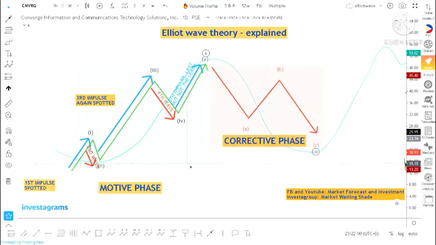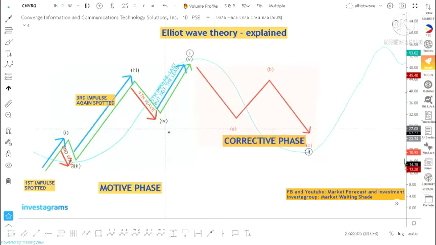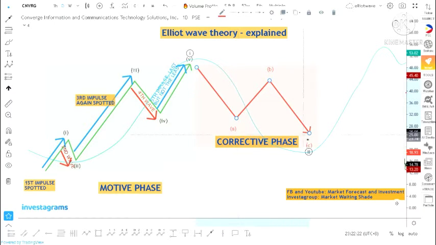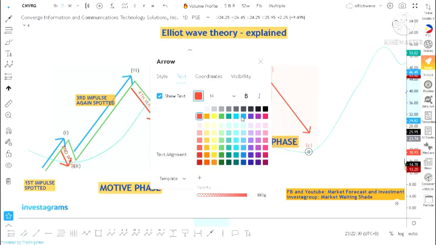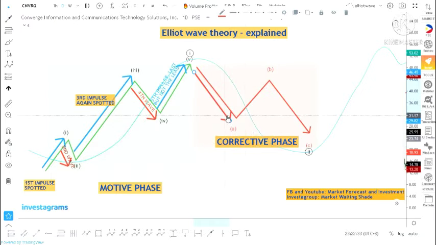So what is the difference between the motive phase and the corrective phase? While the motive phase is composed of 5 waves, the corrective phase is a weaker phase compared to the motive phase, so it is composed of only 3 waves. And again, I will explain to you, one wave is directed in the same direction as the corrective phase.